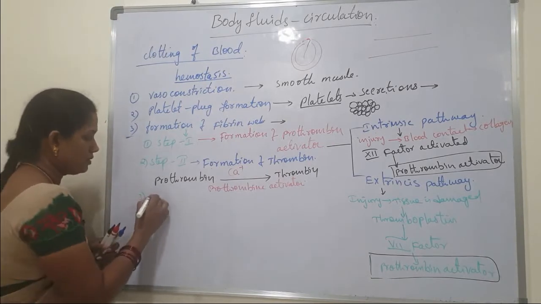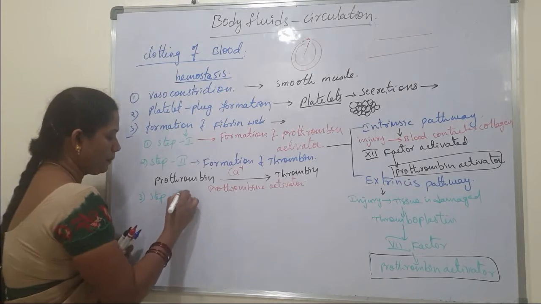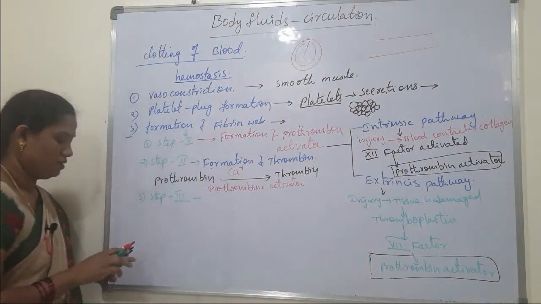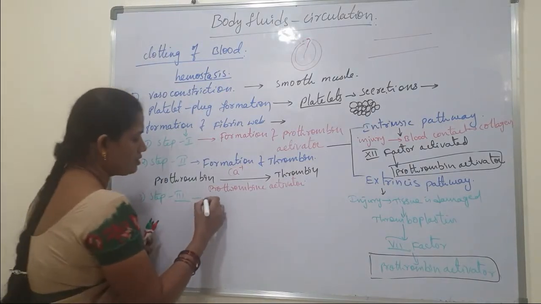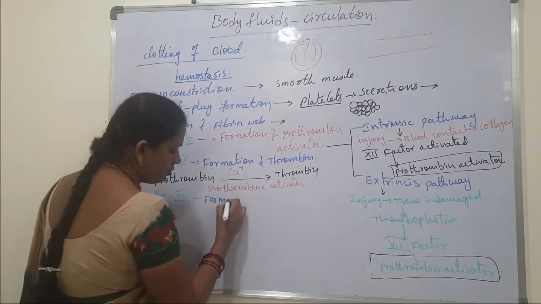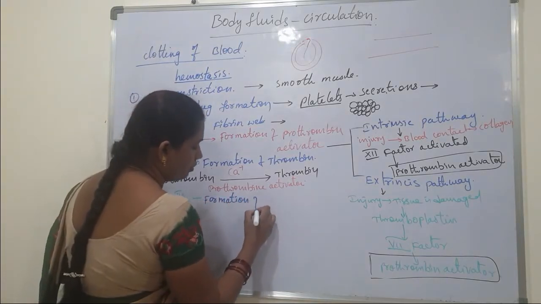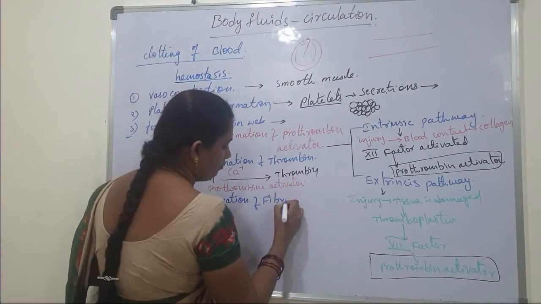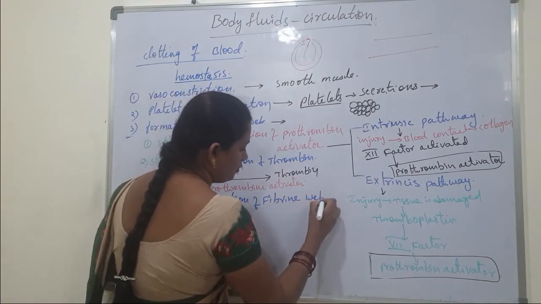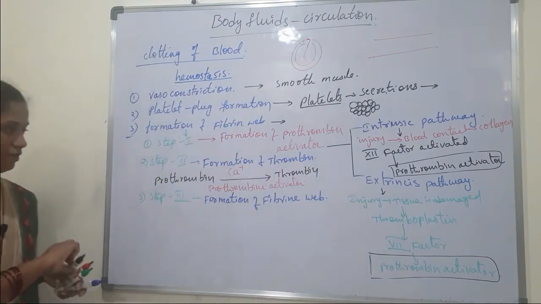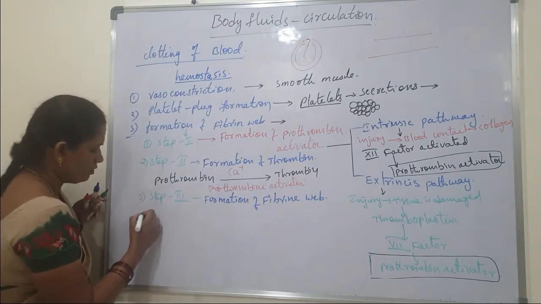Then the third step, step 3, is the formation of fibrin web.